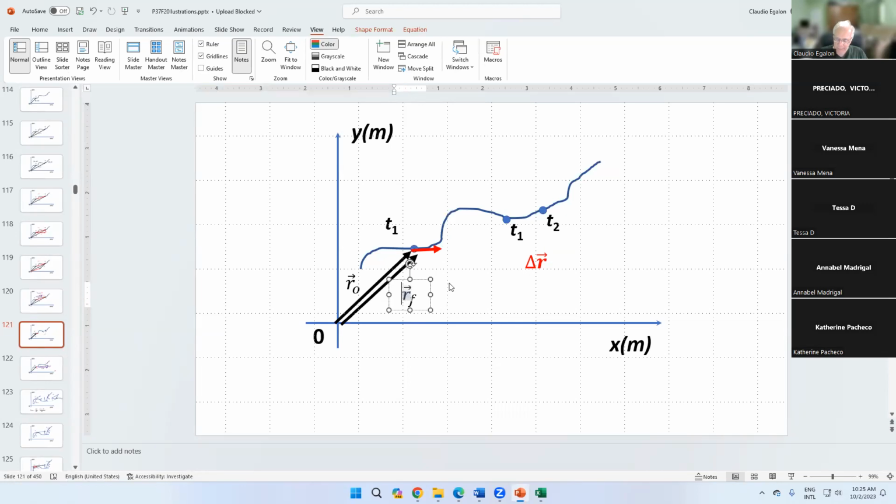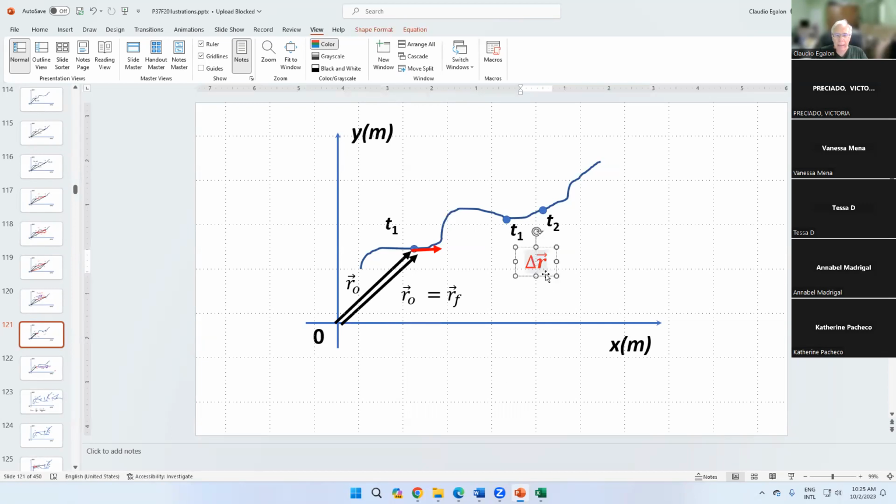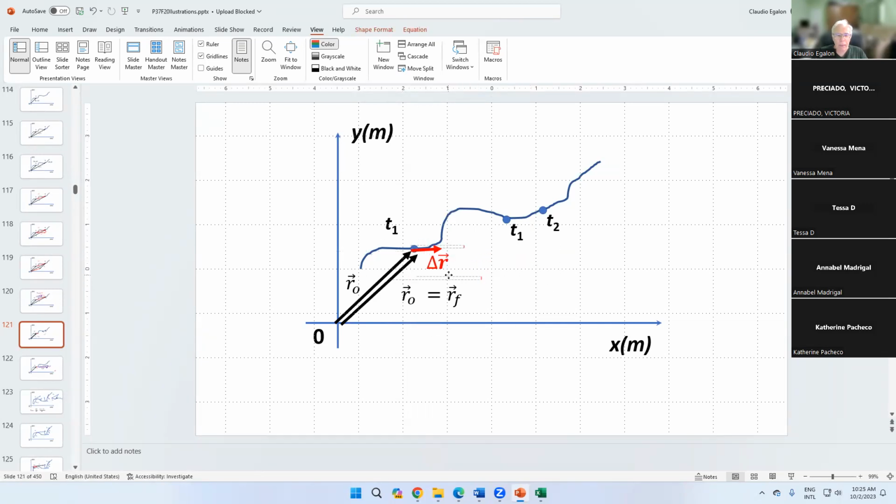Okay, in the limit where delta r goes to 0, r naught coincides with rf, right? And my delta r is going to be tangent to the path. Consequently, my velocity vector is also going to be tangent to the path.